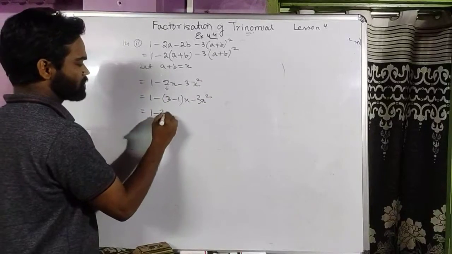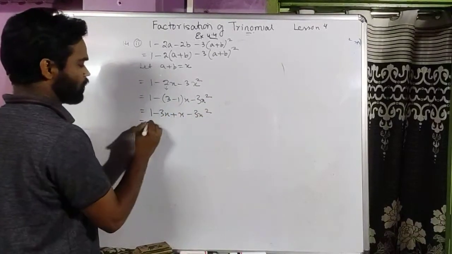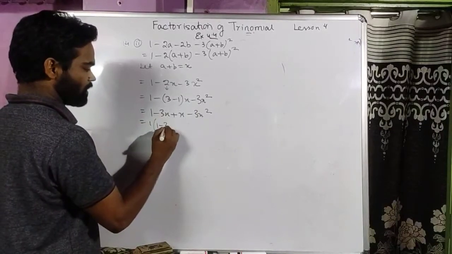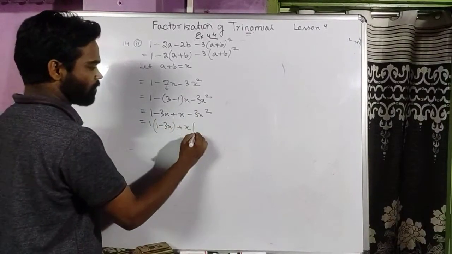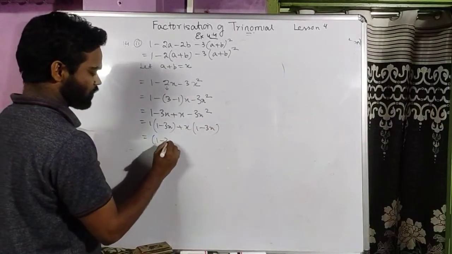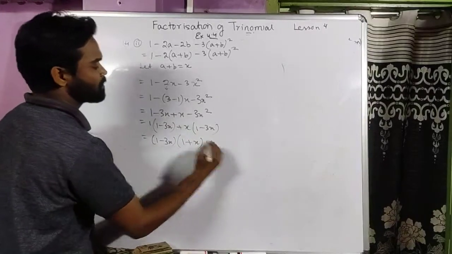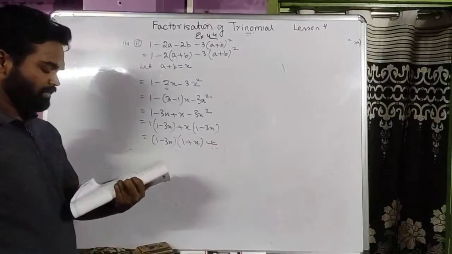Now 1 minus 3x plus x minus 3x square, 1 taken common, so (1 minus 3x) plus x taken common, (1 minus 3x) comes out, (1 plus x) is left. Is it clear?